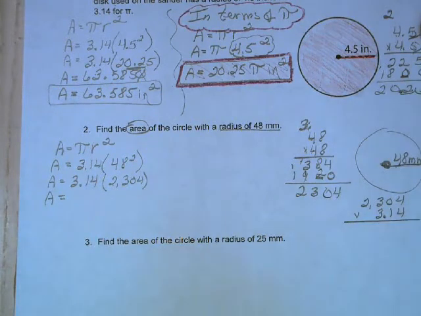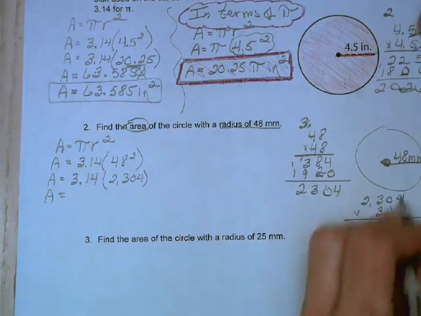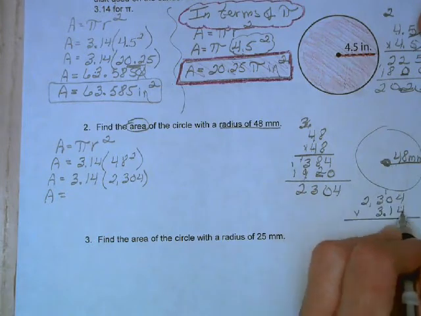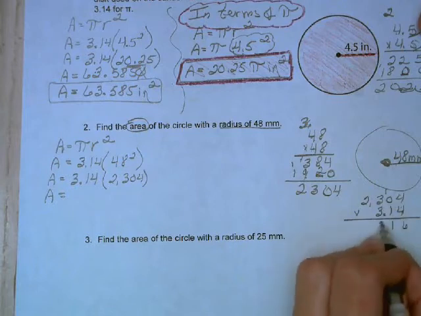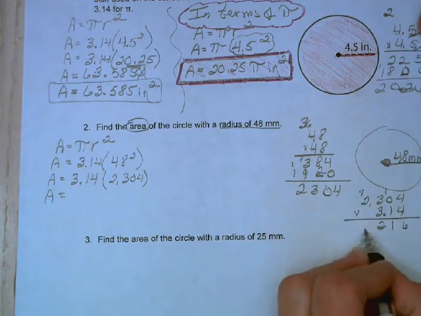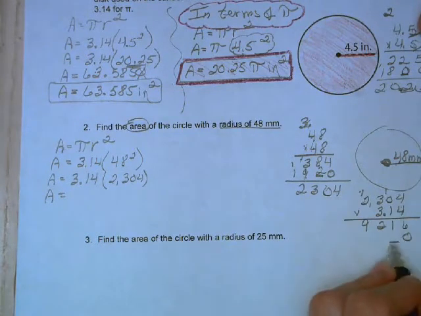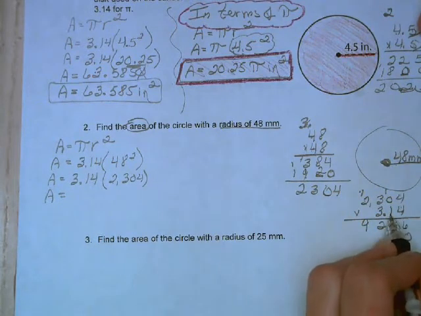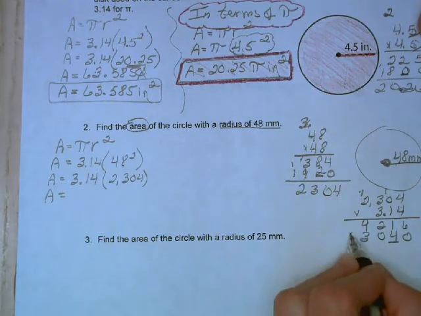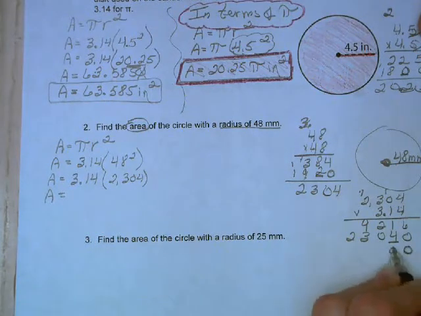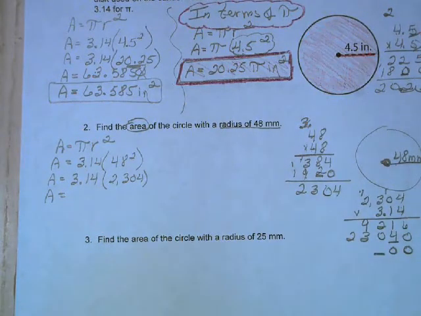There are two numbers behind the decimal. 4 times 4 is 16. Put my 6, carry my 1. 4 times 0 is 0 plus 1 is 1. 4 times 3 is 12. 8 plus 1 is 9. Placeholder over 1. I go to the second column. This is 1 times 4, 1 times 0, 1 times 3, and 1 times 2. Placeholder over 1 because I'm going to the third column.